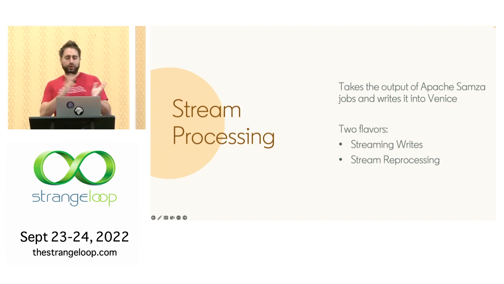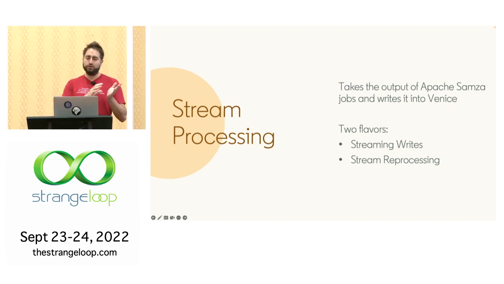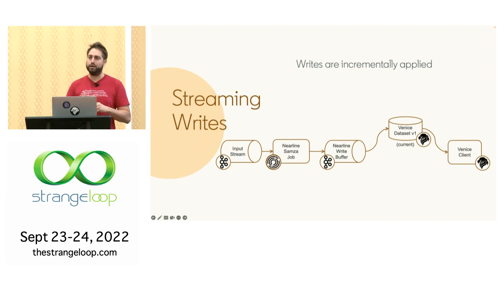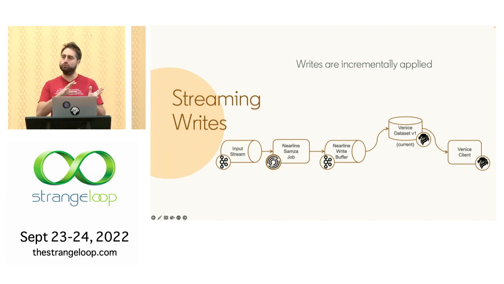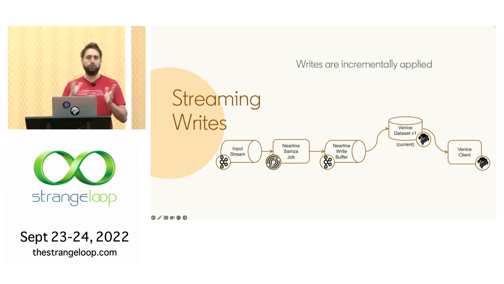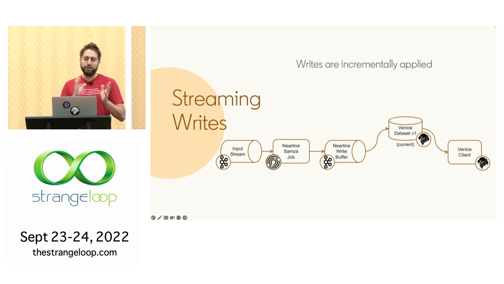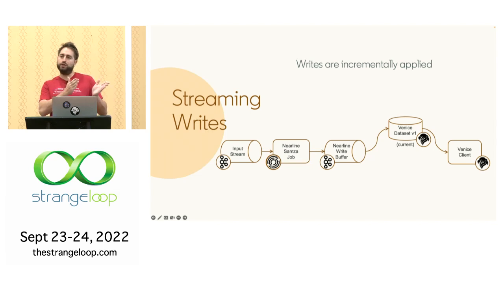We have two flavors of stream processing inputs into Venice. We've got the streaming writes and the stream reprocessing. I'm going to start with the streaming write because that is the one that feels most intuitive and is the most commonly used also. So streaming writes look pretty similar to incremental pushes that we've just seen, right? The main difference is a stream processing job has an infinite input, and so it runs infinitely.